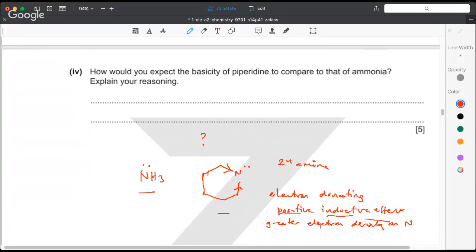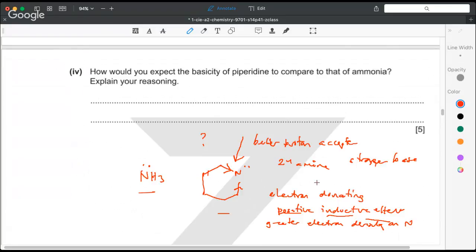There's a greater electron density on the nitrogen, so this nitrogen here is a better proton acceptor, and so it's a stronger, you have to excuse my writing, stronger base.